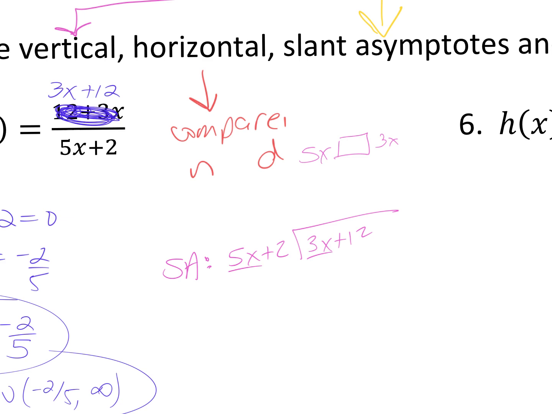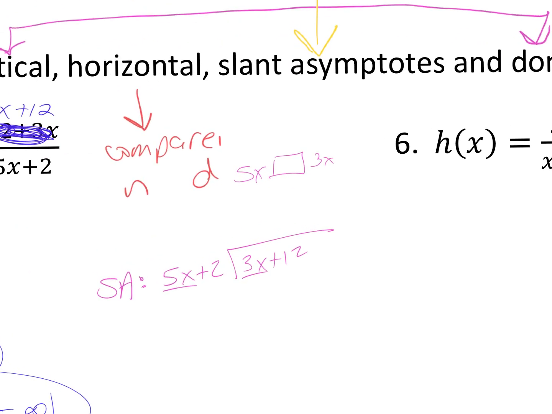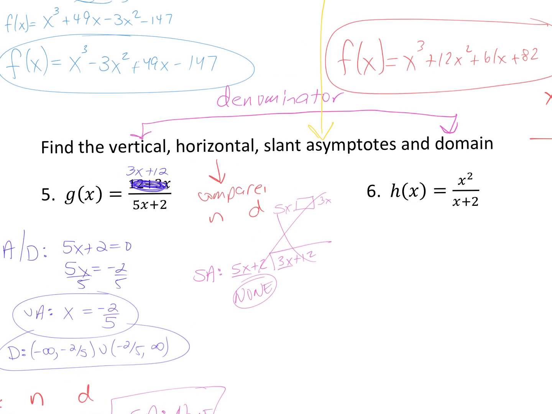Somebody last year was like, you can't do that. You can. You'd have to multiply it by 3/5. But what you understand here is you're not going to get something that says 3x plus 4 or something like that. Once you realize, oh, wait, that's not going to go in, this isn't going to work, you can say, oh, there's no slant asymptote or none. So you always only have one of the two. Correct.